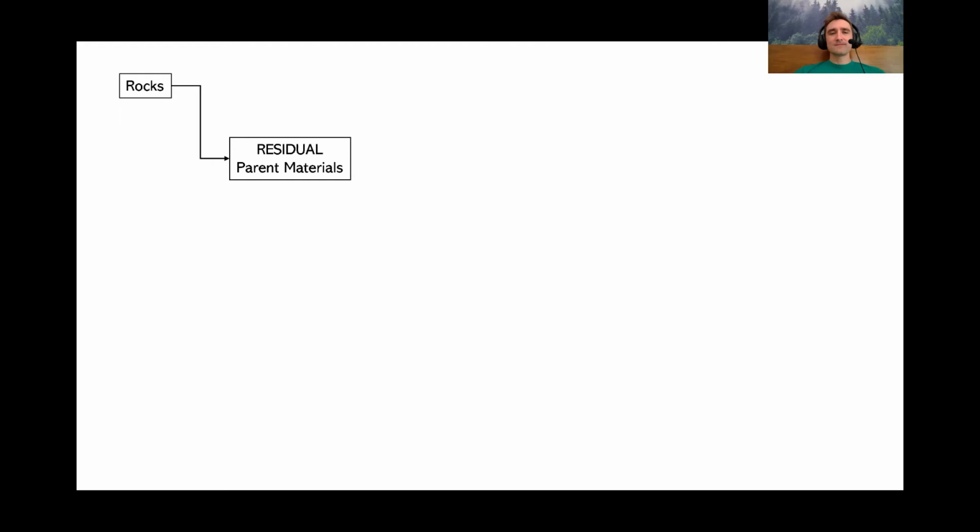And as it breaks down with wind and rain, temperatures, freezing and thawing, eventually we have parent material right where it came from. And that's called the residual parent material. That parent material becomes sediment. And now that sediment can start to move around. So rocks turn into sediment.